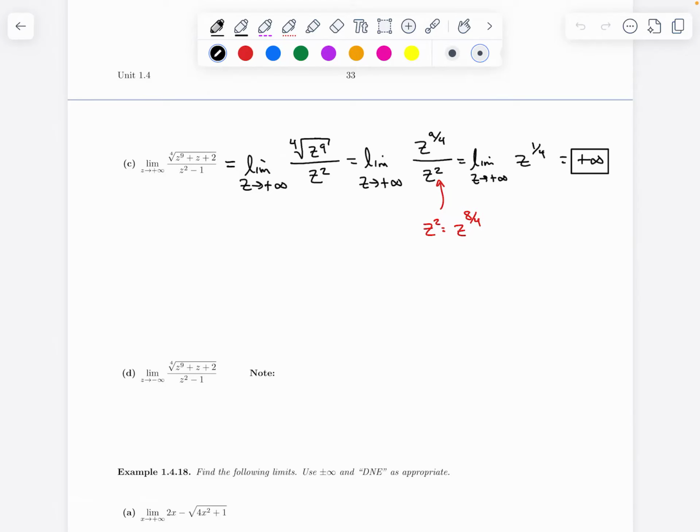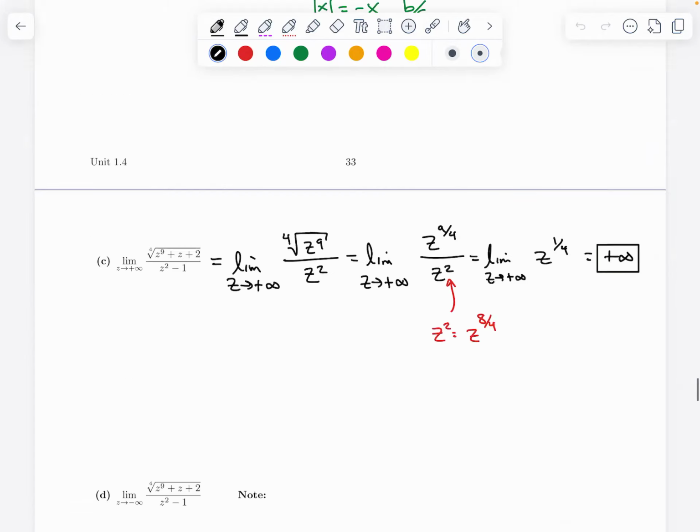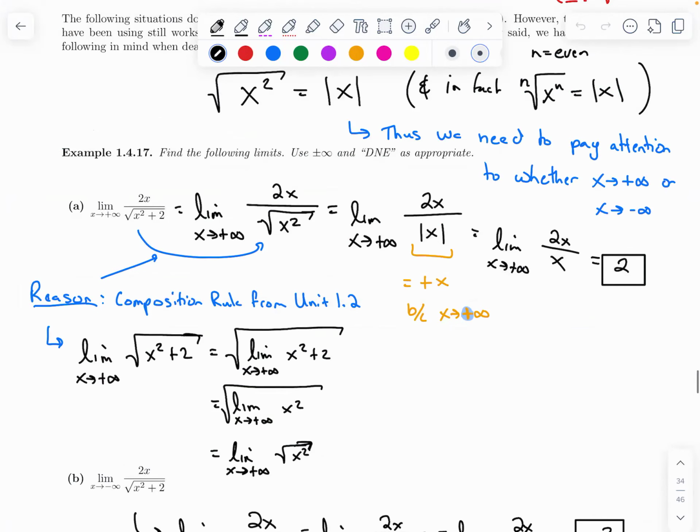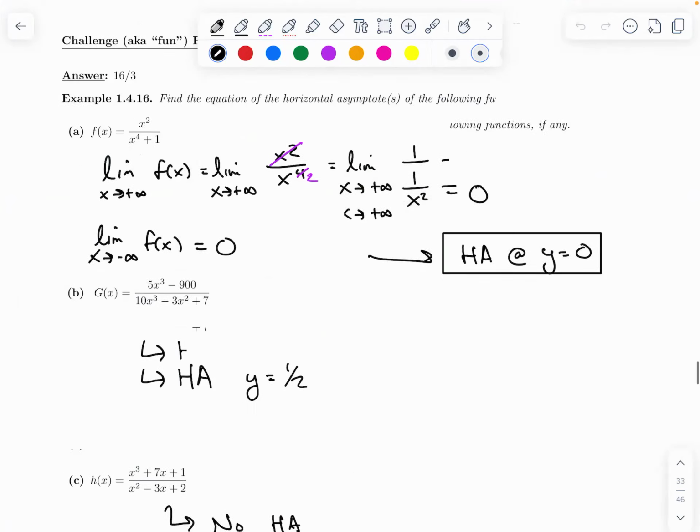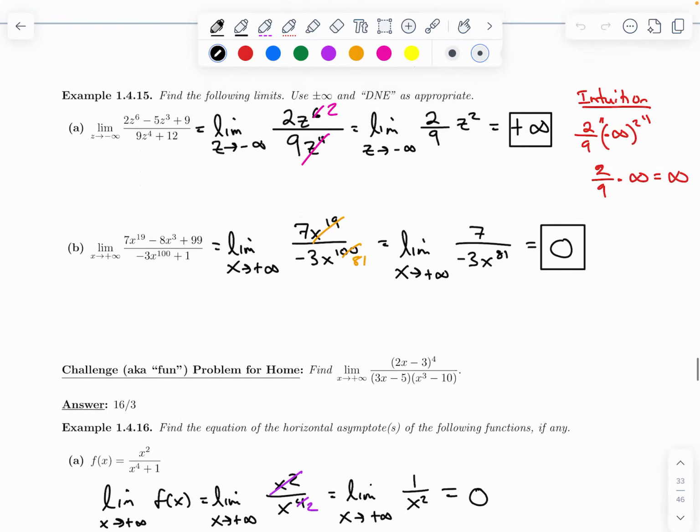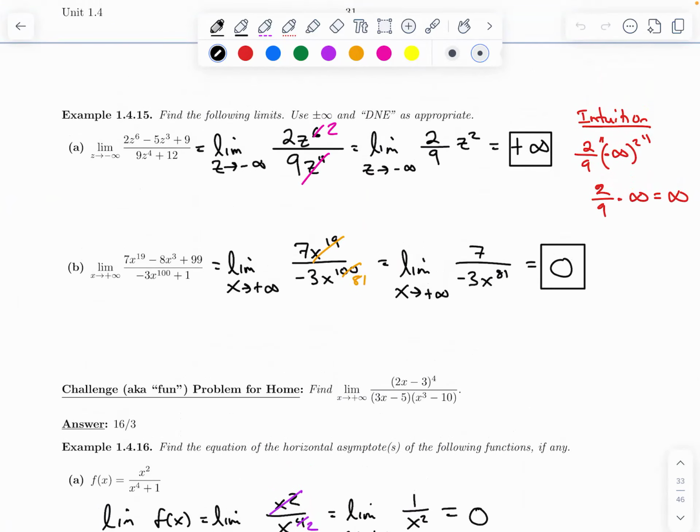So once again, the whole rule that we learned: first and foremost, when it comes to limits at infinity, when you go to positive or negative infinity, you can just start ignoring all the lower degree terms.